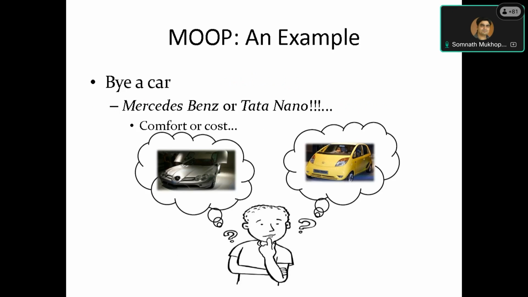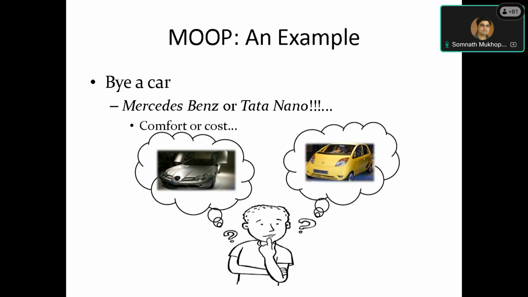When there is more than one conflicting objective, suppose we want to buy a car, Mercedes-Benz or Tata Nano. Which car to buy? These two cars have their own advantages. Mercedes-Benz has some beauty, and Tata Nano also has some advantages or disadvantages.